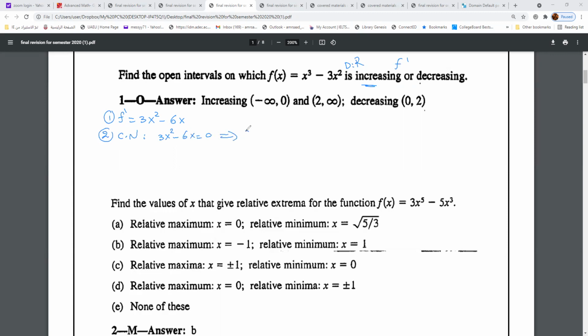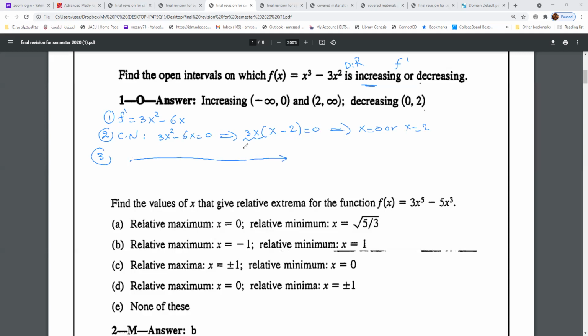This implies, taking 3x as a common factor, 3x times (x minus 2) equals 0. This implies x equals 0 from the first factor, or x equals what? 2.